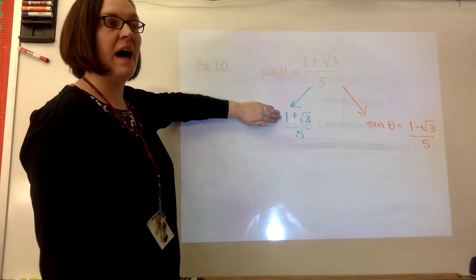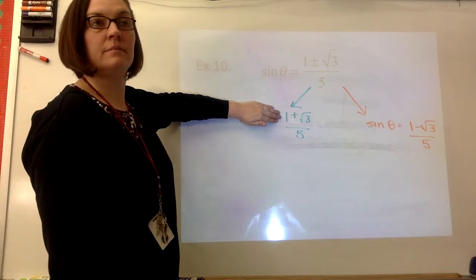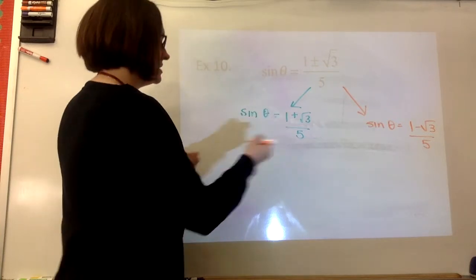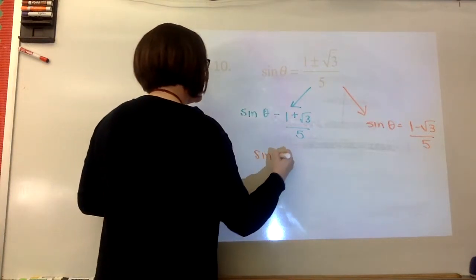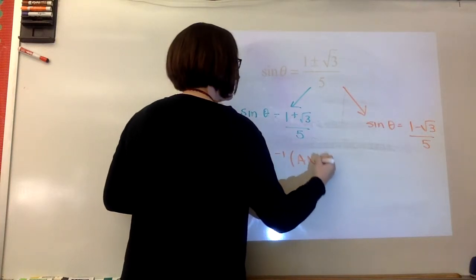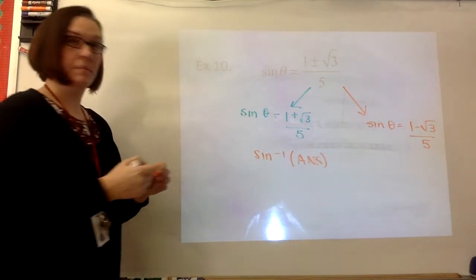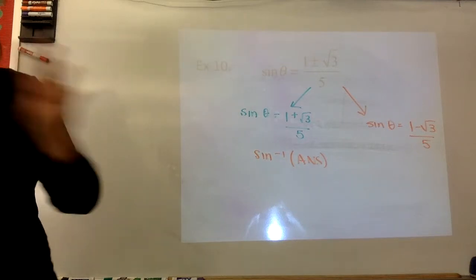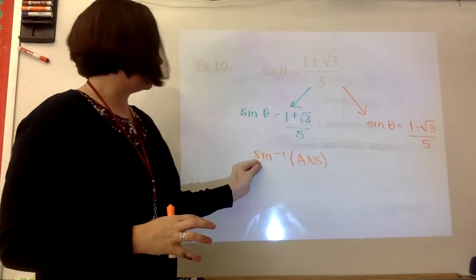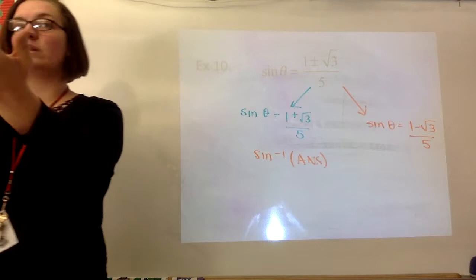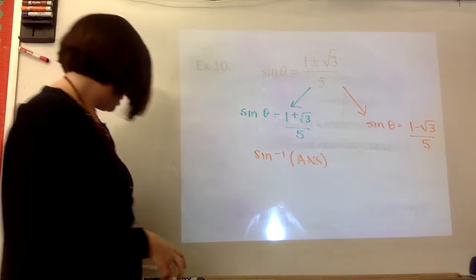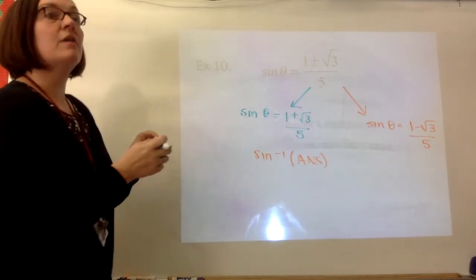Divide that answer by 5. Hit enter. Then put in sine inverse of the answer. So I would figure out what this decimal equivalent is. Then I'm going to take the sine inverse of the answer. What did the calculator tell you?